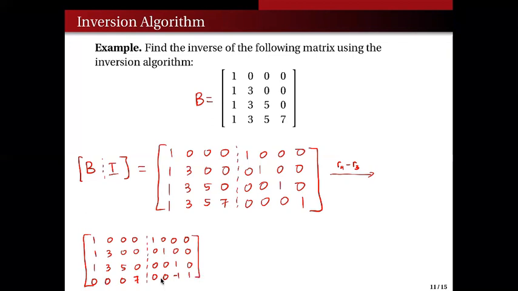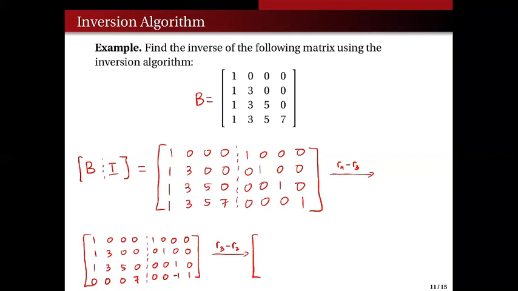I'll do it later. What I'm going to do now, subtract row 3 minus row 2. So row 1, row 2, and row 4, they will be fixed.